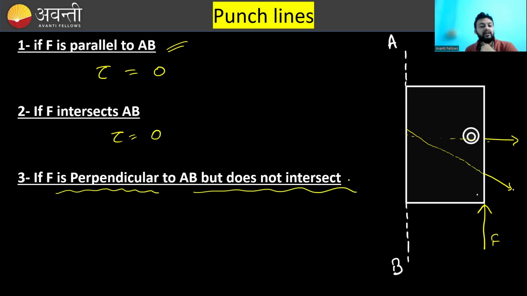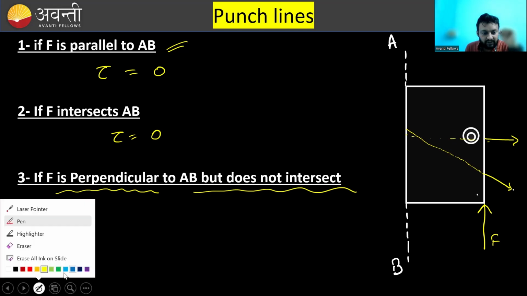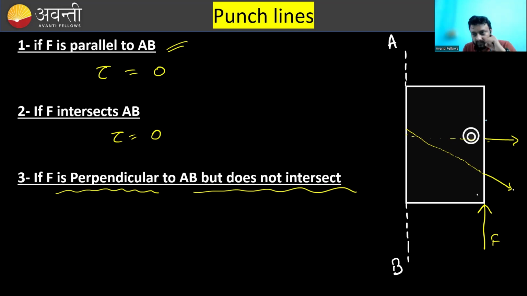This is another very good thing. The force is perpendicular to the axis of rotation but does not intersect. How is that possible? Yes, it is possible. Can you see the situation here? Just imagine that the door is in the XY plane, and the axis is the Y axis.